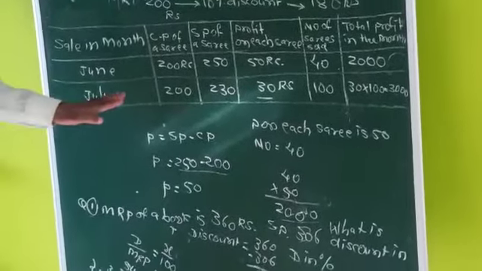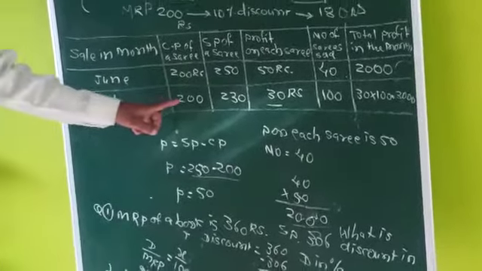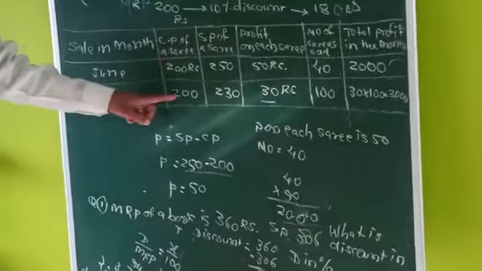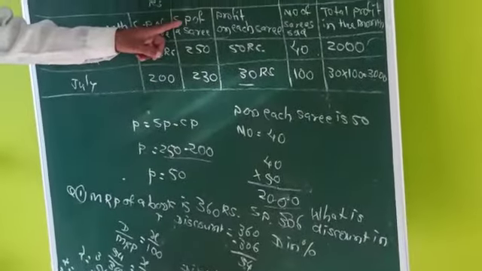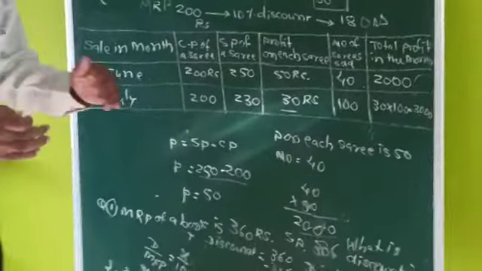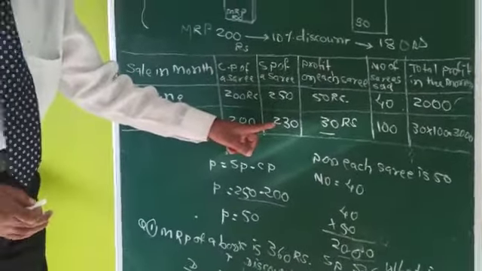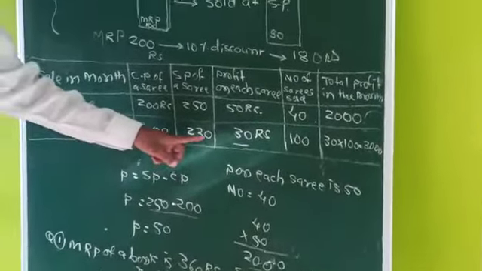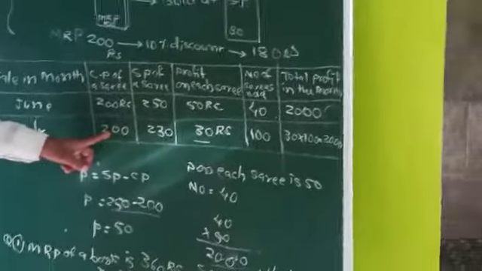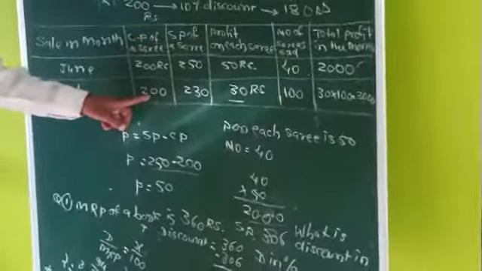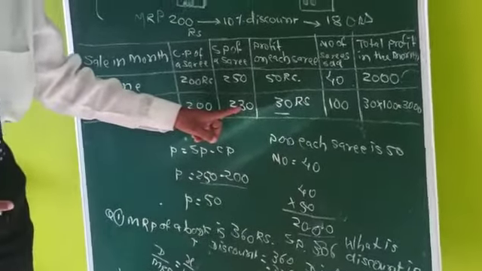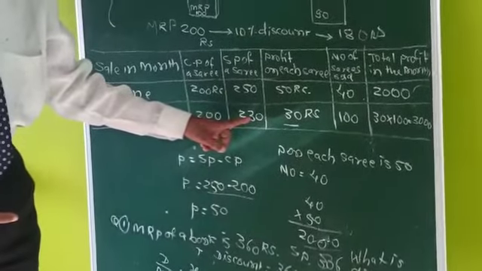Okay, in the same manner, in the month of July, cost price of each saree is 200, same. But in this month, selling price is reduced by the shopkeeper. So it is 230. So how much profit did we get? CP was 200 and SP is 230. So how much is profit? 30 rupees.